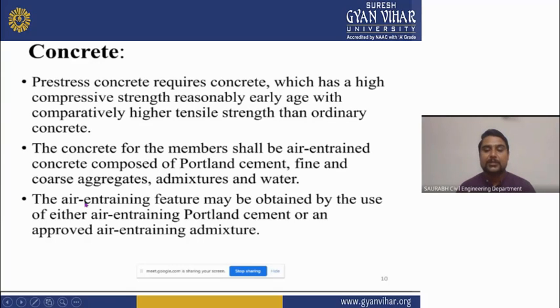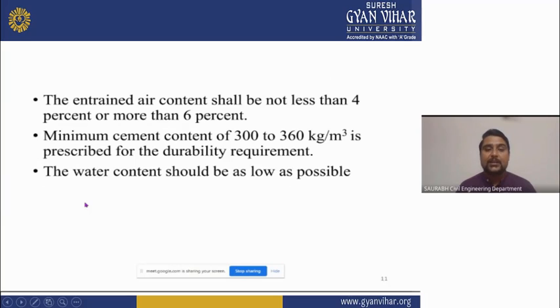The air entraining feature may be obtained by the use of air entraining Portland cement or an approved air entraining admixture.